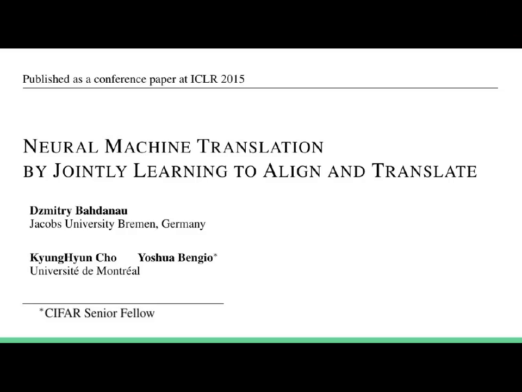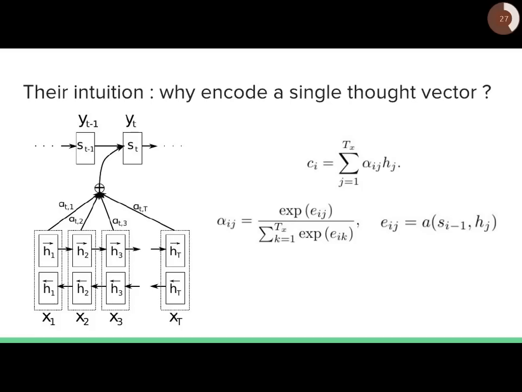So here's the paper by Bahdanau, Kyunghyun Cho and Yoshua Bengio. Their intuition: why encode a single thought vector between the encoder and the decoder if we can have everything? At the bottom is the encoder. They made it bidirectional, so it scans the inputs in both directions, and the outputs are concatenated.